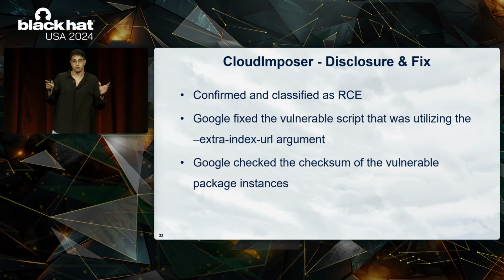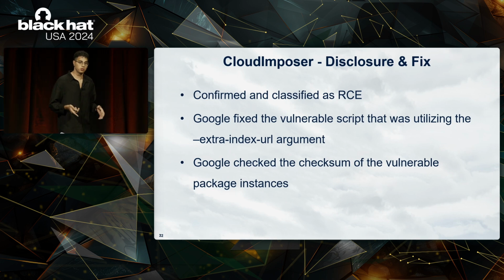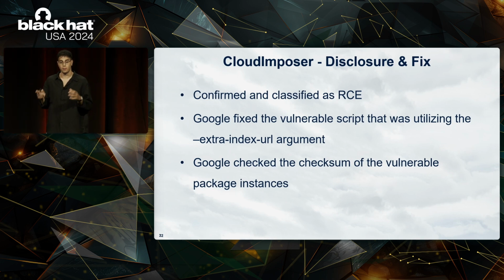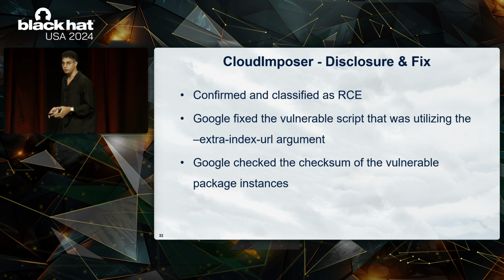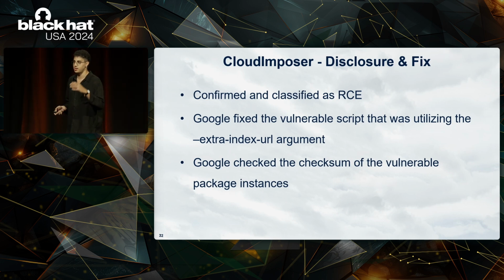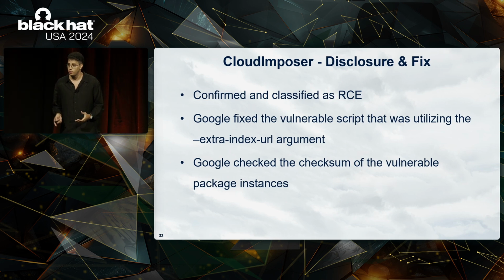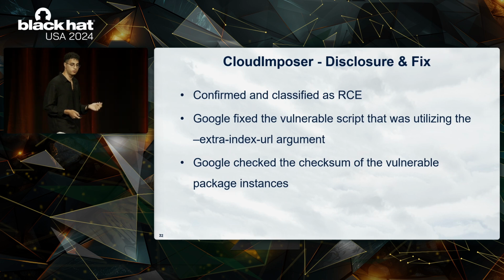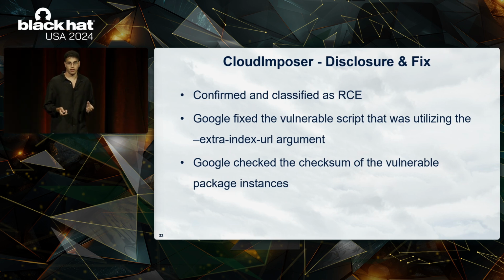So I reported the vulnerability, CloudImposer, to Google, which classified it as remote code execution and awarded a bounty for it. Google fixed the vulnerable script that was utilizing this extra index URL argument we have talked about, that we now know is very risky. And Google also checked the checksum of the vulnerable package instances in order to find any evidence of the vulnerability exploitation in the past.